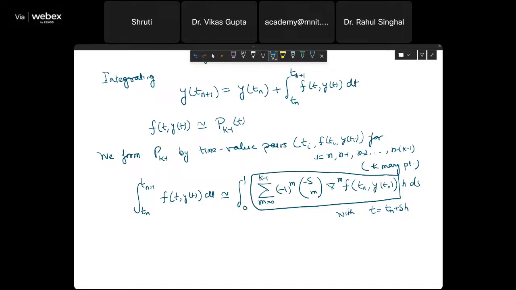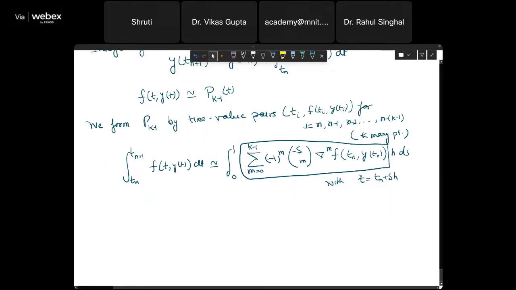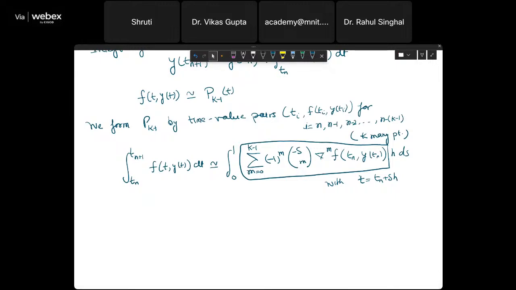Since we are changing the variable t by setting t as tn plus sh, the integral limits tn to tn plus 1 will convert to 0 to 1, and accordingly dt will convert to h ds. So these are simple computations. With this our integral value will be approximated by the expression which I have written on the right hand side. This box part is nothing but p(k minus 1).